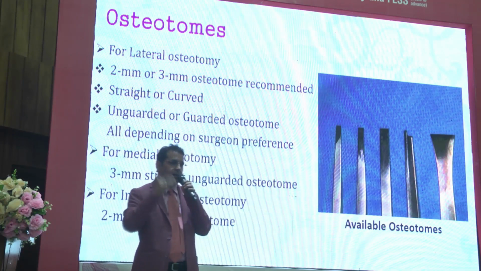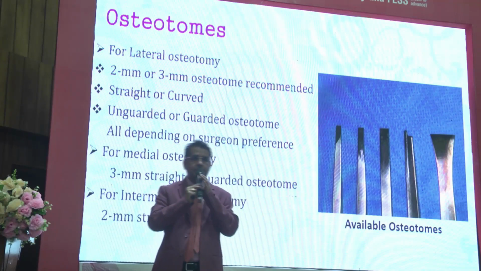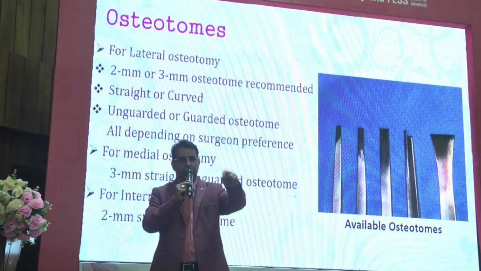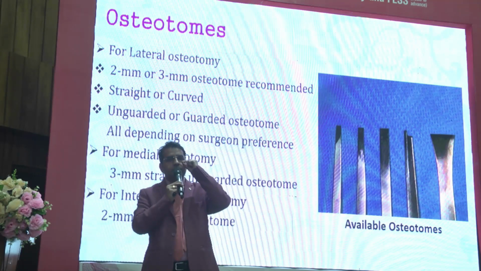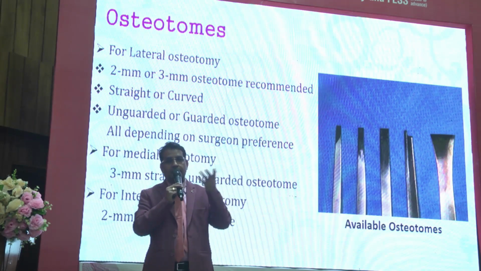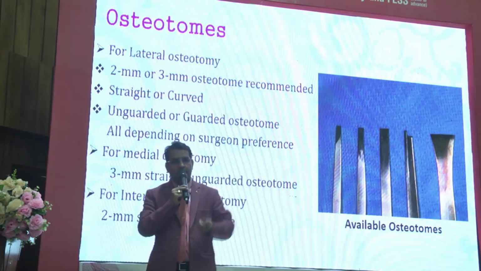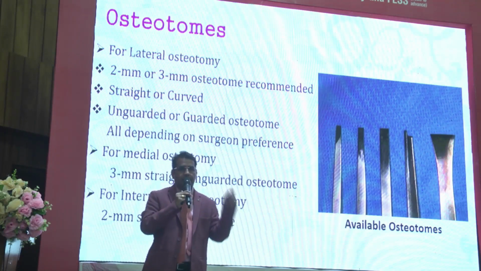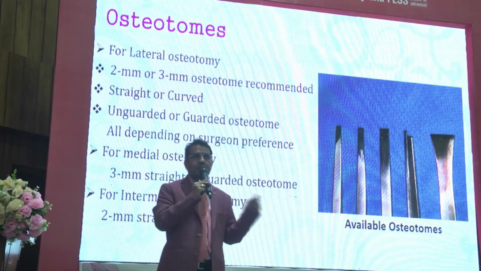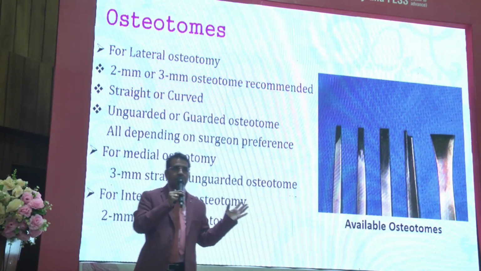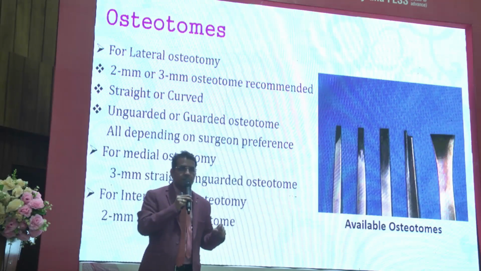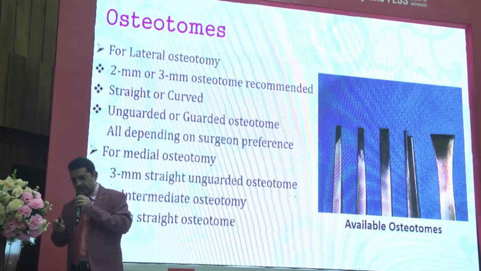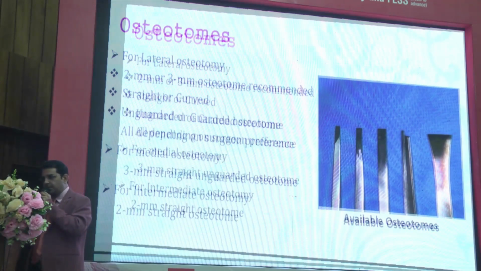I advocate the guarded osteotomy to all my beginner friends, because with the guarded osteotome, throughout the pathway you can feel where you are working. Sometimes you reach the level of the medial canthus, and if you don't have the guard, you enter and create problems like CSF rhinorrhea. So purchase guarded osteotomes, different ones for the right and left sides. For the medial osteotomy, you use a 3 mm straight unguarded osteotome, and for intermediate, the 2 mm is enough. So you have all these osteotomes for the different types of osteotomies.